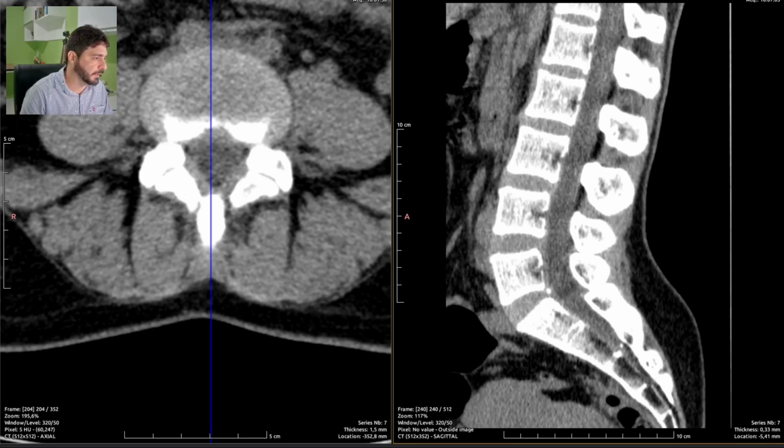So let's say the discs are preserved in height, and on the L4, L5 segment there is a tiny protrusion. Just a tiny one.